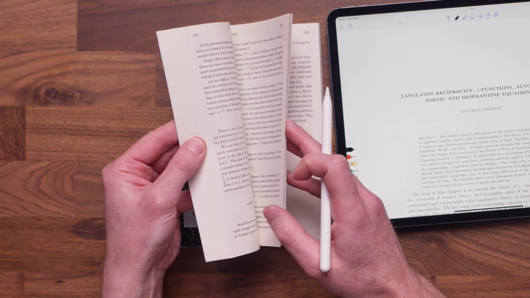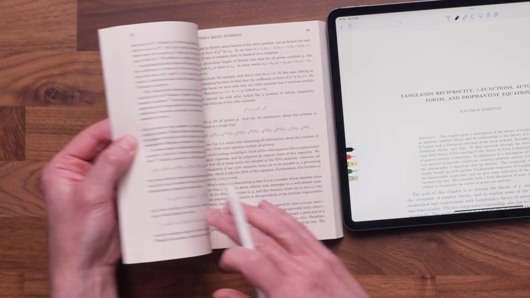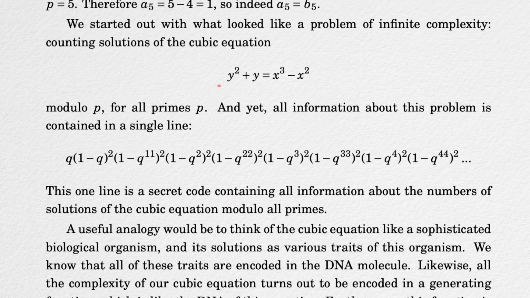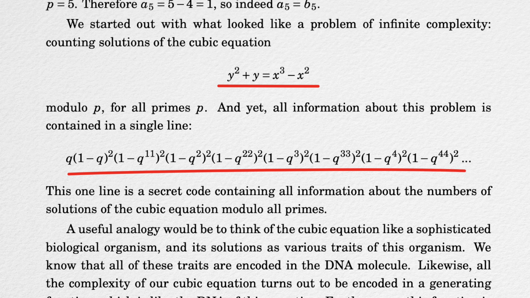There is one thing I'd like to show on page 88, and here we have this equation which is similar to the one we worked with today, and you also see this generating series quite similar to the one we obtained from the coin counting.